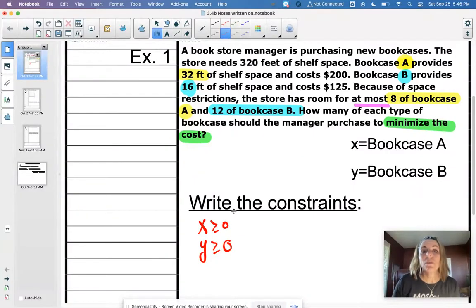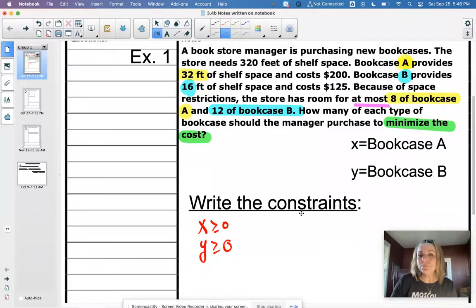So those are those 2. Now let's look down here at that word at most. It says, because of space restrictions, the store has room for at most 8 of bookcase A and 12 of bookcase B.